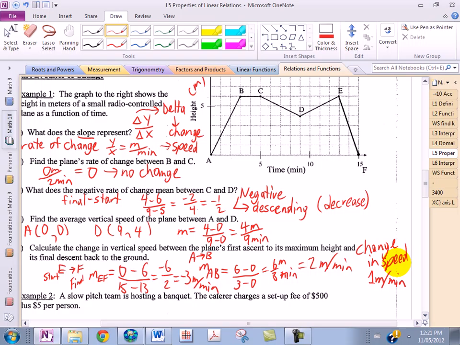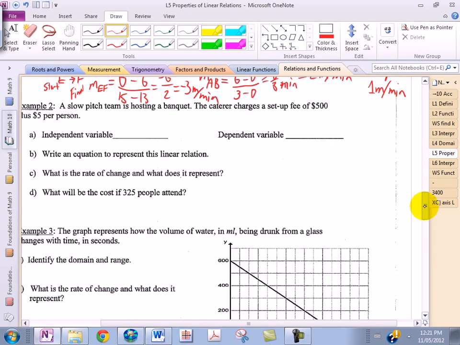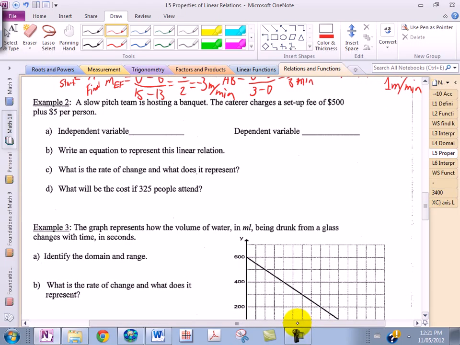You guys got that? So the negative sign is telling you the direction. If it's a positive slope, what is that telling you? You're having an increase in height or in temperature. If you have a negative slope, what are you having? A decrease.